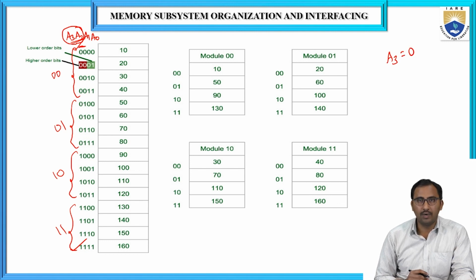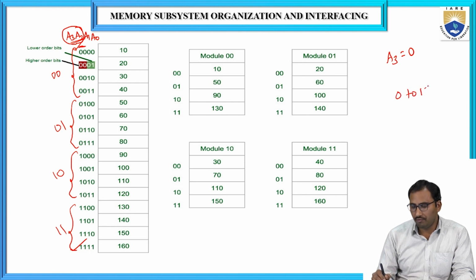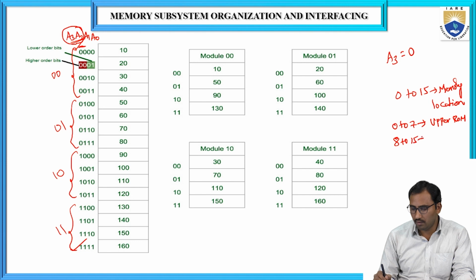Using this combination, we can access total memory locations 0 to 15: 0 to 7 with the upper ROM and 8 to 15 for the lower ROM.